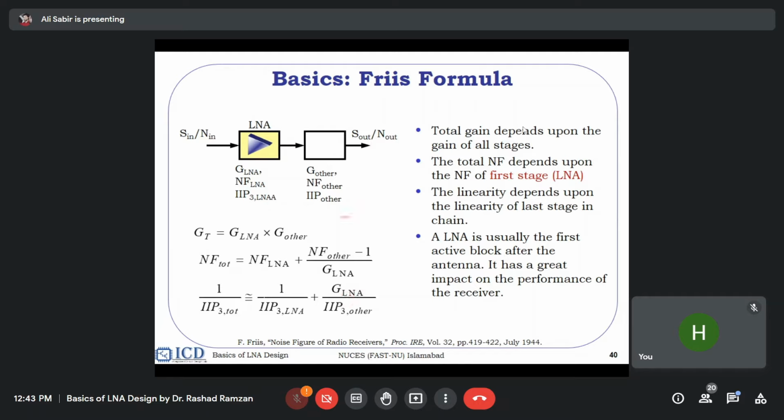So for the total radio, the noise figure of the first block matters and the linearity of the last one matters. If we want a highly linear radio, the linearity of the blocks after the LNA should be higher, and the noise figure of the first block, the LNA, should be lower.